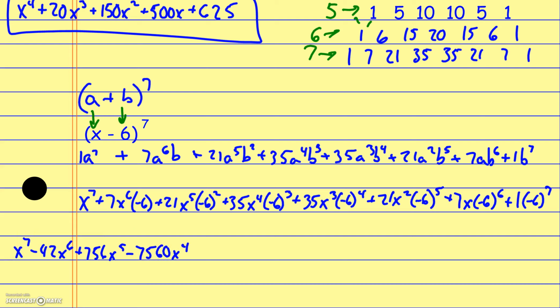See, as soon as we're just doing negative 6 to the 3rd power, things are already getting a little bit ridiculous in terms of the size of the numbers. Plus, it's going to be a 45,360 x to the 3rd. And you just multiply these out using your calculator. 163,296 x to the 2nd.